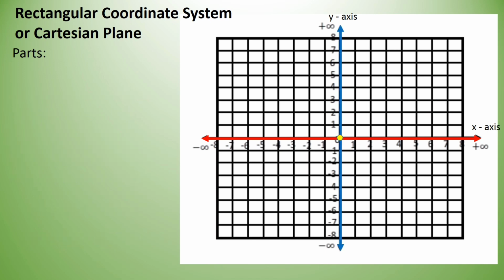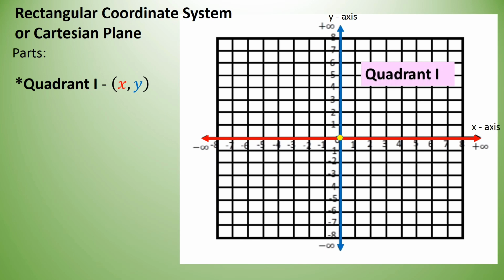Another part of a Cartesian plane: we have quadrant 1. Quadrant 1 is located on this part. As you can see, the values of x and y are both positive. So our x coordinate is positive and our y coordinate is also positive.